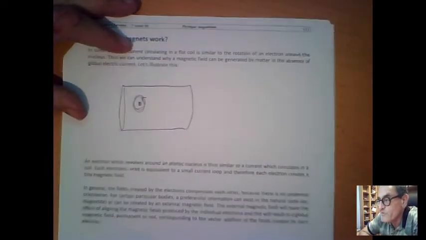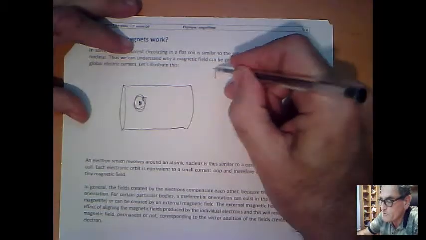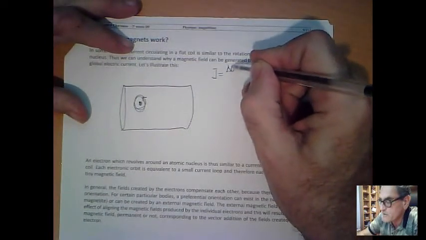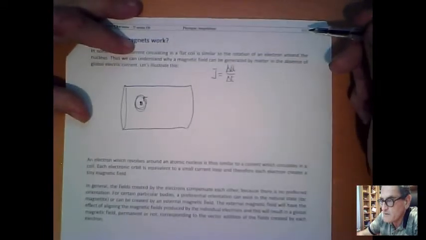An electron moving on a circle, how is that related to a current for you? You remember the definition of the current? It's delta Q over delta T, right?